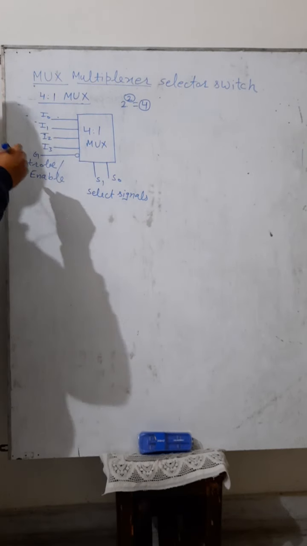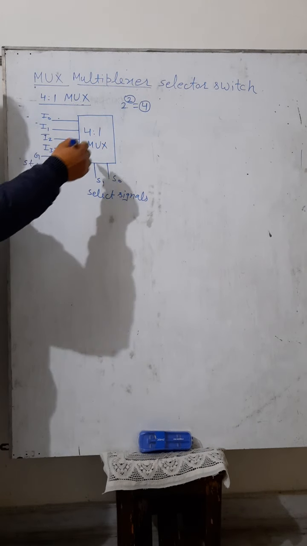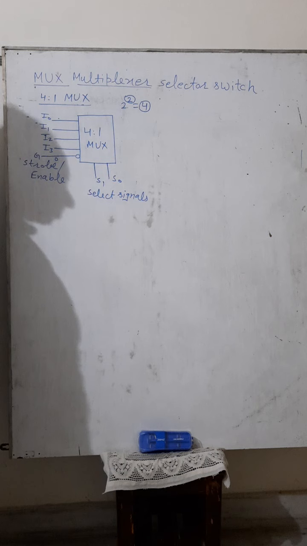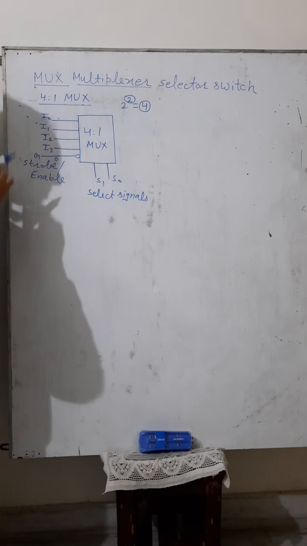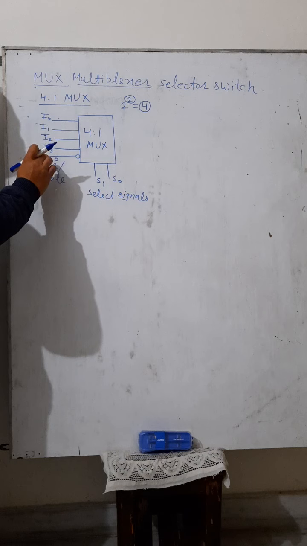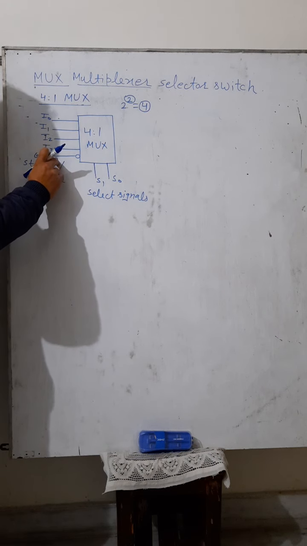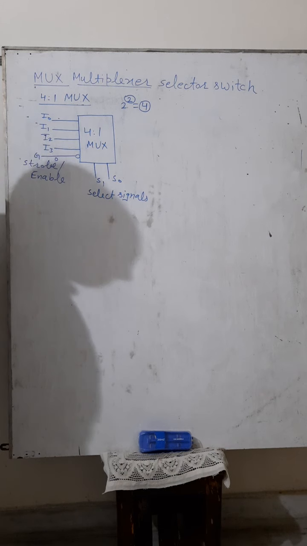Okay, if it is 0 here, then this whole circuit will be activated, because this is the enable signal and this is an active low signal. Here if it has the value 0, then this block will be activated as a Mux.